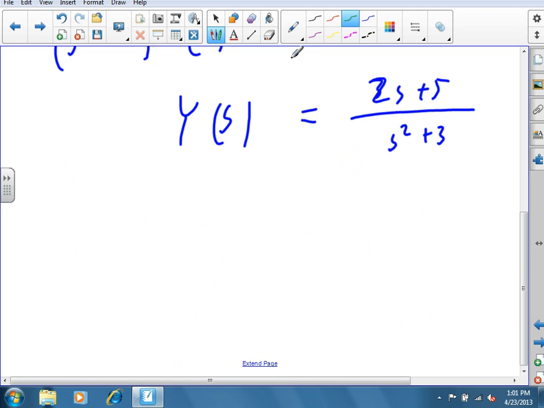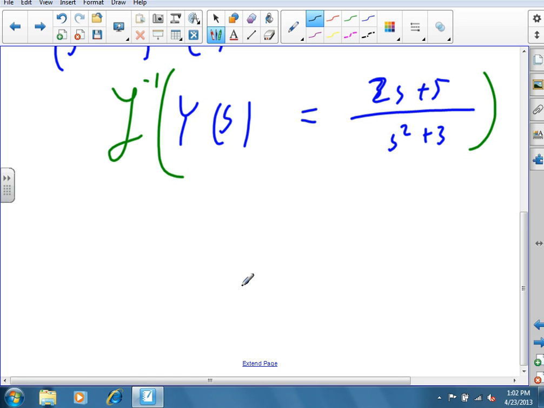Now my plan is to take the inverse Laplace transform of both sides. Looking at my Laplace transform table, something over s squared plus something with a k on top is number 8, and the s on top is number 10. Do we have both an s and a constant on top?